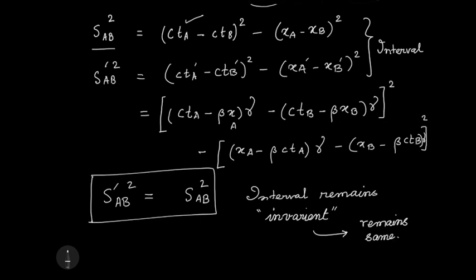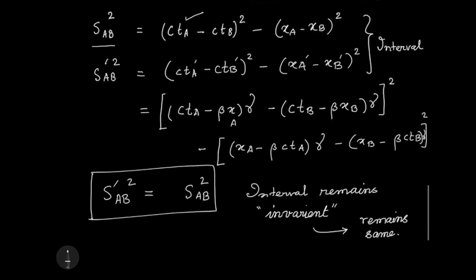That's a very important message. We will be using it shortly to show you something very, very interesting. So we realize that the interval remains the same. Whatever Lorentz transformation I do, the interval doesn't change.